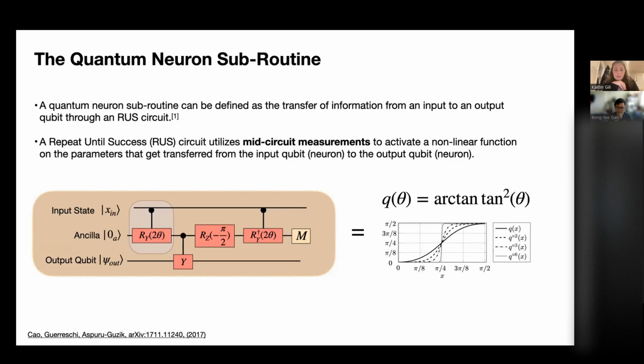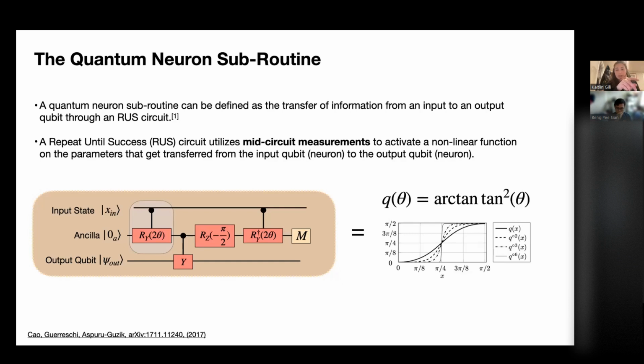This is the actual RUS circuit. As you can see, it was introduced in this paper in 2017, as a very initial quantum machine learning approach, also with first classification and supervised problems. And a very small circuit of this was done. But the really interesting thing about this circuit is that you could think about it as approximating this Q of theta from this input state to this output qubit, a nonlinear activation function of arctan tan squared of theta.